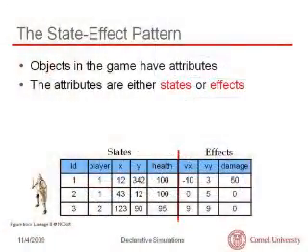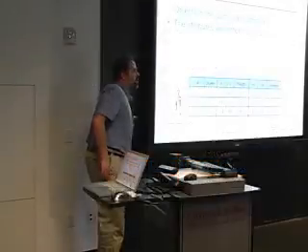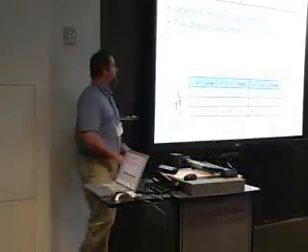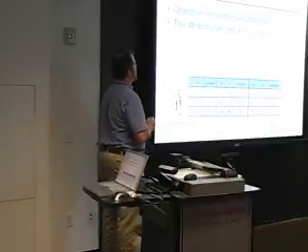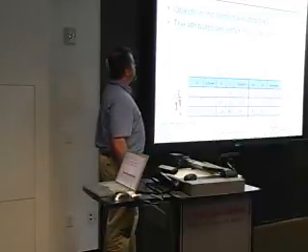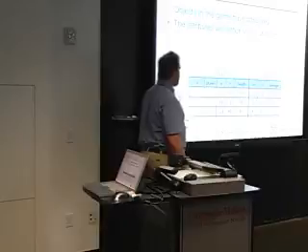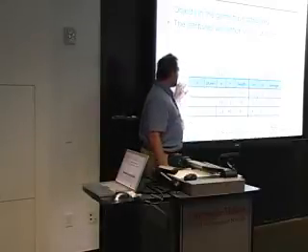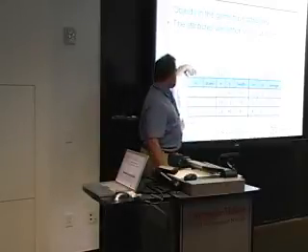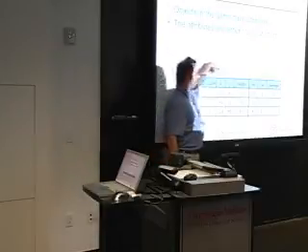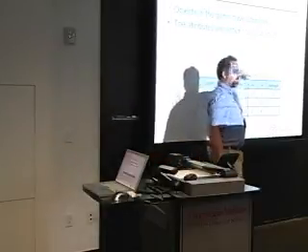All right. So the idea is that we have a basic programming pattern and we're going to base everything around this. I've elucidated some of this so far. The idea is we have this state-effect pattern. Everything in your simulation, all of the attributes of your agents, are separated into states and effects. All right?